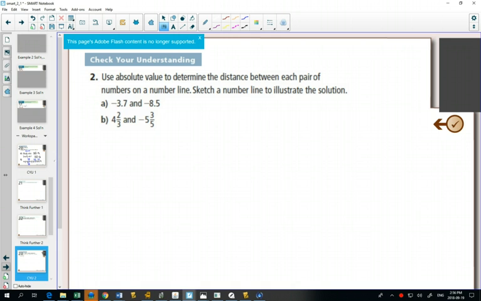So if you don't know which one's bigger, you could just say, oh, I'm going to put absolute values, and I'm just going to go negative 3.7 minus negative 8.5. In this case, did I choose the right order? I did. Negative 3.7 is bigger than negative 8.5.